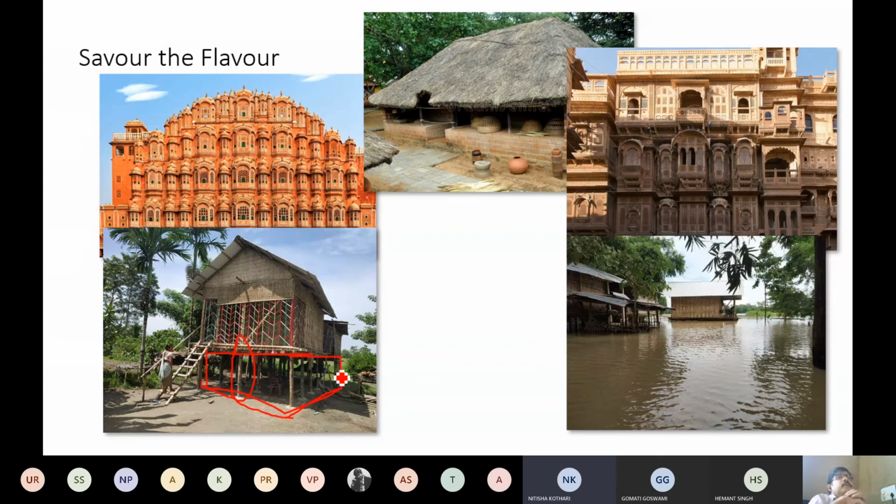That is how this building saves. I cannot directly put the same building in Kerala. It would not be functionally so useful.